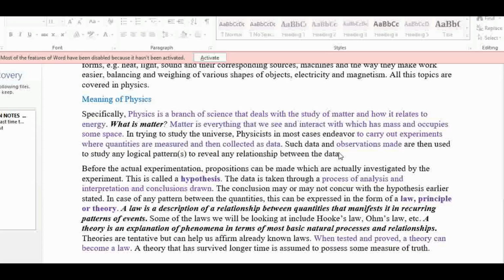But it starts from the hypothesis. Before the actual experimentation, there's always a proposition that can be made, which is actually investigated by the what? By the experiment. At times these propositions may or may not be correct until they are investigated. These propositions are normally called hypotheses.